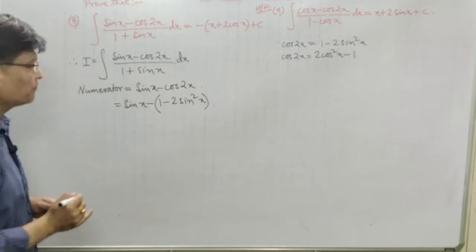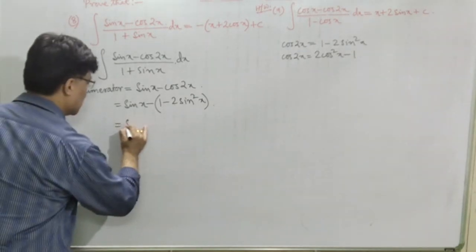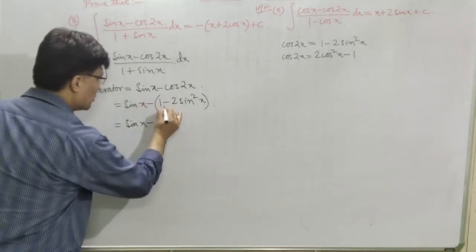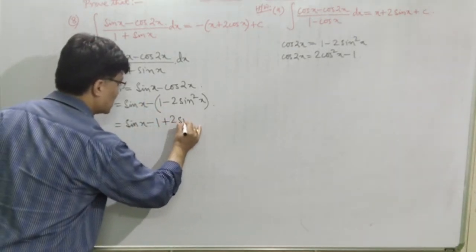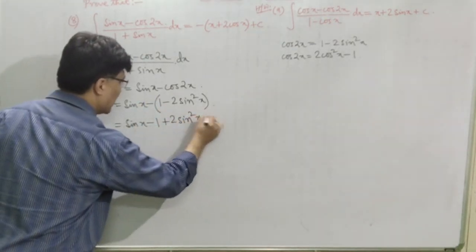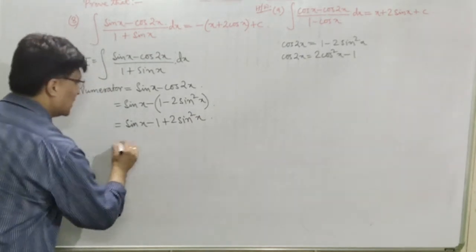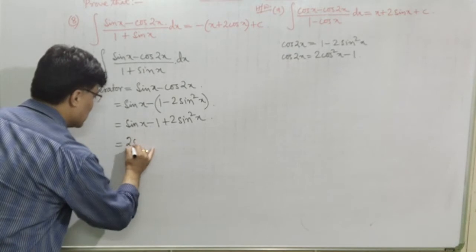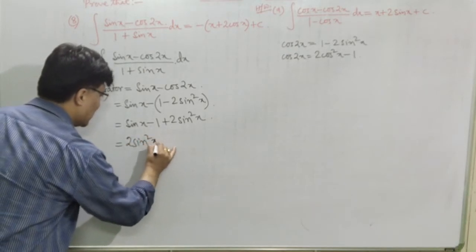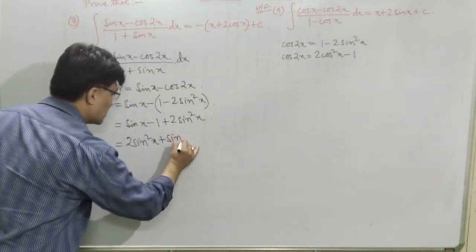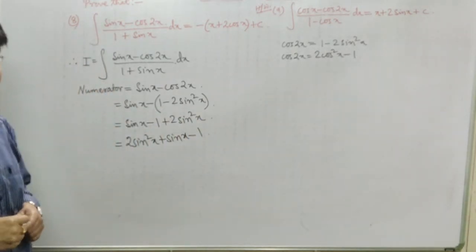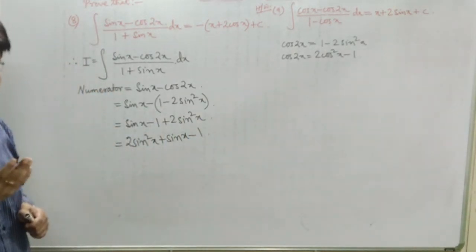Is that clear? So this is sin x minus 1 plus 2 sin square x. Let us write down the square term first, the positive term first, that is 2 sin square x, plus sin x, then minus 1. Is that clear? So next, what will you do in the next step?